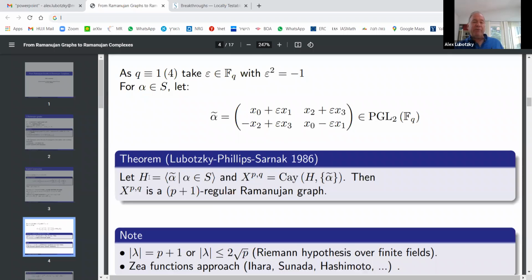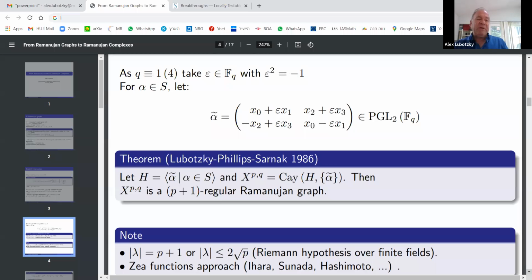It's kind of cute: it will be PSL2 if P is a quadratic residue mod Q, and it will be PGL2 if P is not a quadratic residue mod Q. All this is easy, but the substance of this theorem is that if we look at the Cayley graph of that group H, with respect to this set of P+1 generators, then this is a (P+1)-regular Ramanujan graph. That's the substantial information.